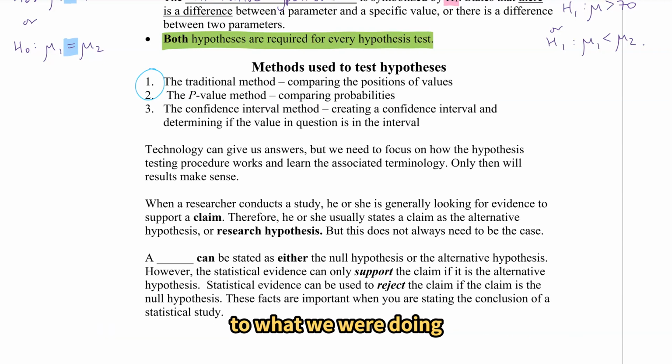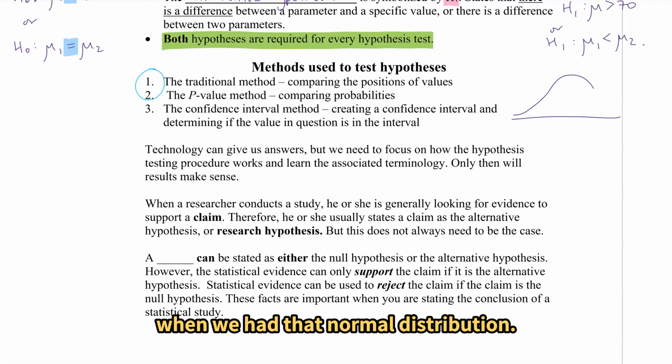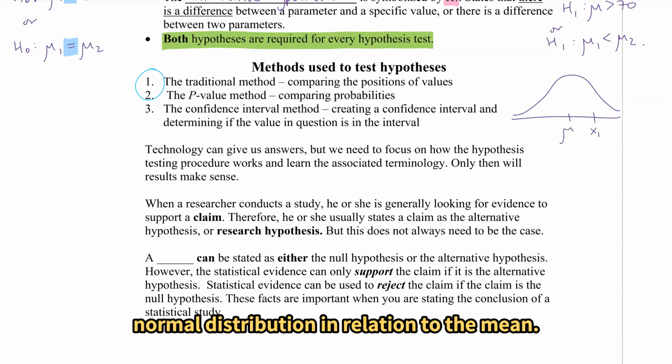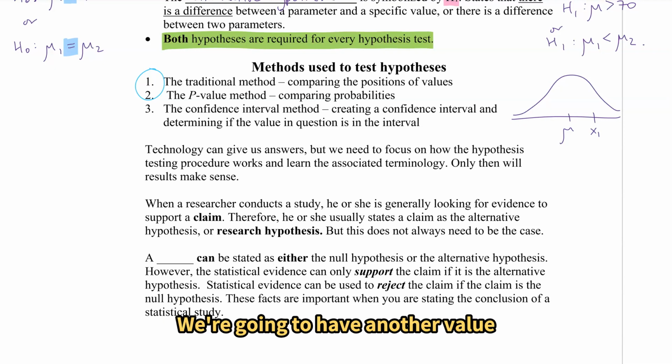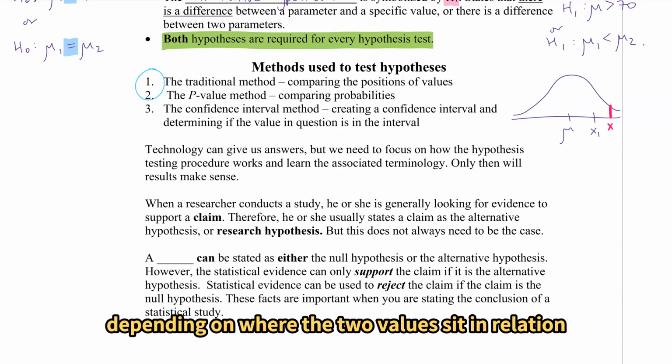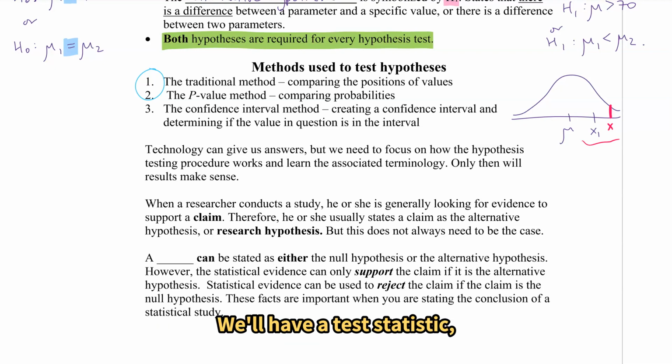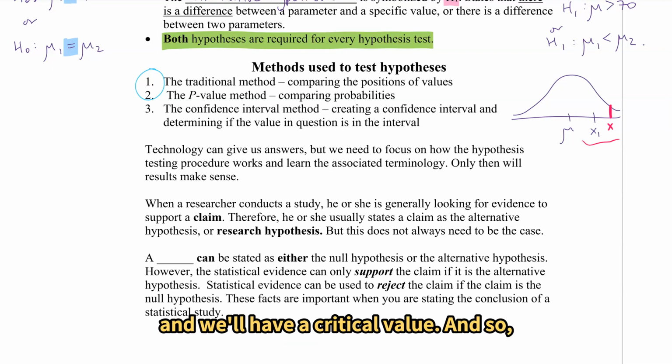So similarly to what we were doing when we had that normal distribution and we would put some value on our normal distribution in relation to the mean, we're going to have another value that will determine our conclusion for our hypothesis test, depending on where the two values sit in relation to each other. We'll have a test statistic and we'll have a critical value.